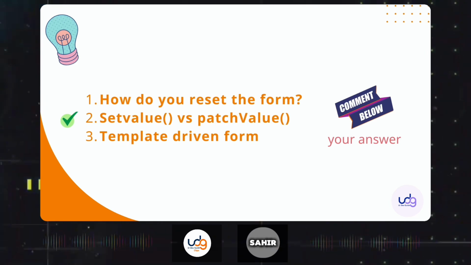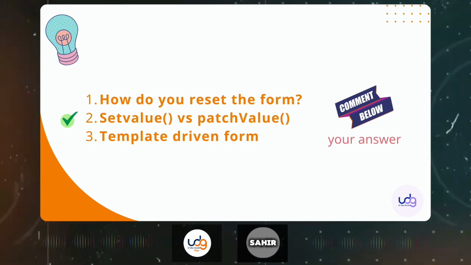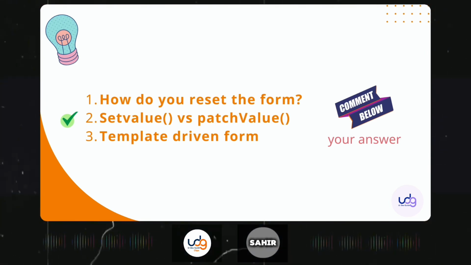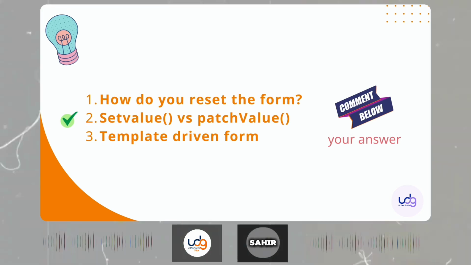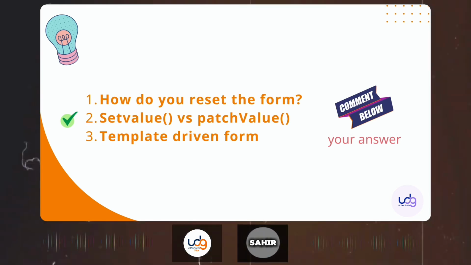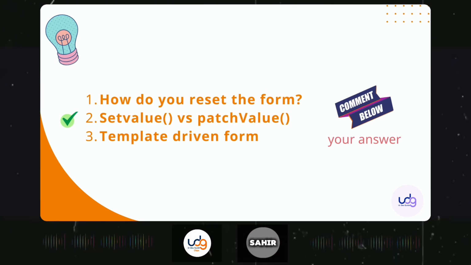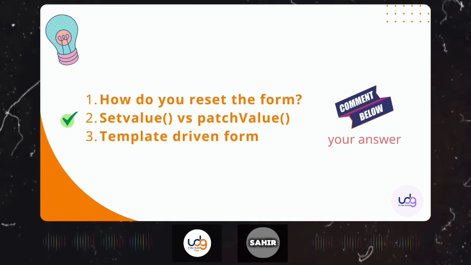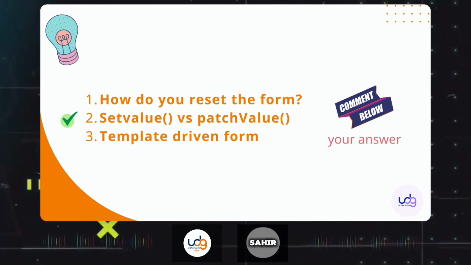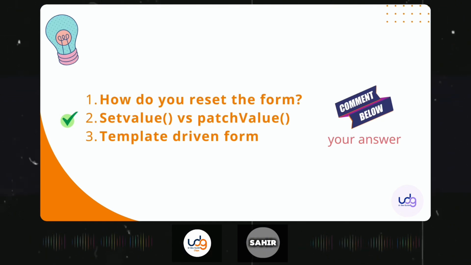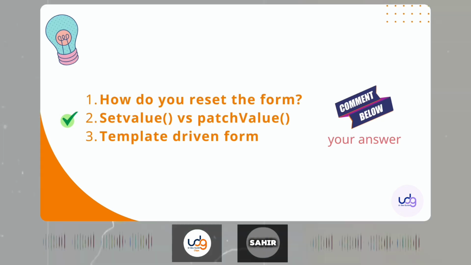Another question. What is setValue and patchValue in forms? Do you know? No, that I never use. Okay, so see, you have one form. Suppose you have first name, last name, and contact number. You have saved first name and last name in the profile section. Once you come to your profile section, you will get the data from the backend for first name and last name, but not for contact number.